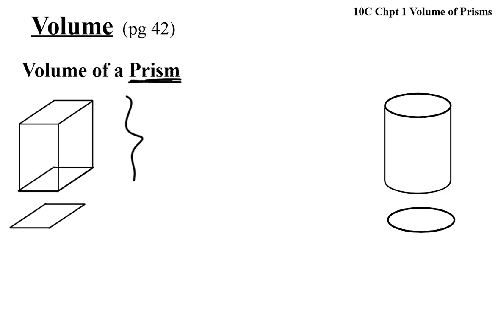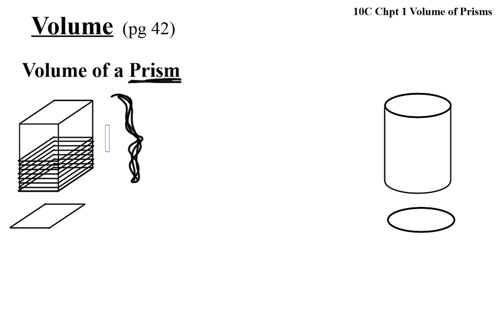So with this rectangular prism, you have that base shape, and to make it into a prism, you just keep stacking base after base after base onto each other.